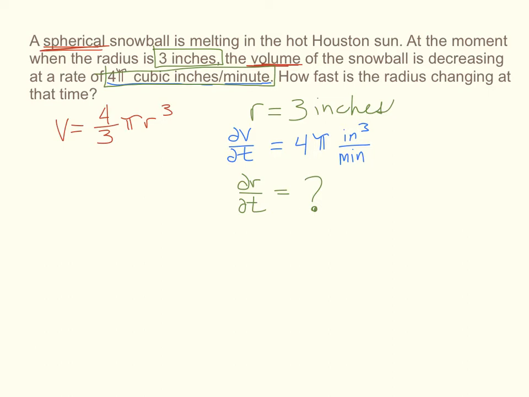So as we take the derivative, the left side will be dV dt, and that will equal 4/3 pi times 3r squared. And since we're taking the derivative with respect to time, and implicitly, we need to add on the dr dt.